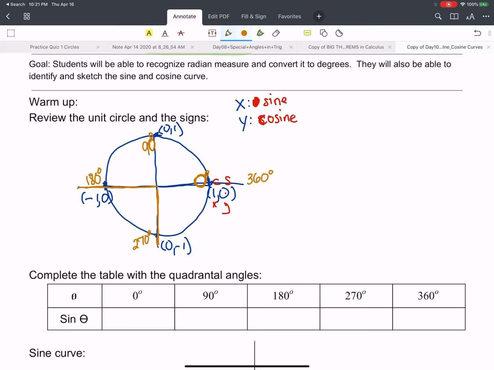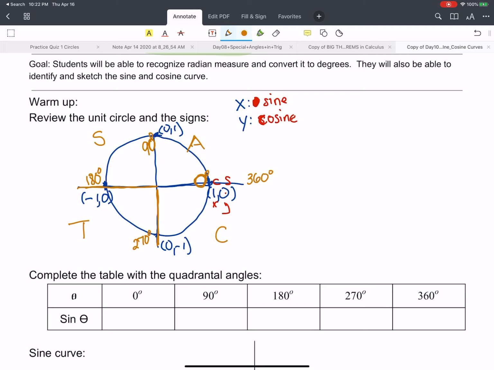And if you remember, all of them are positive in the first quadrant. Second quadrant, only sine and its roommate cosecant. This one, only tangent and its roommate cotangent. And this one would be only cosine and its roommate secant.